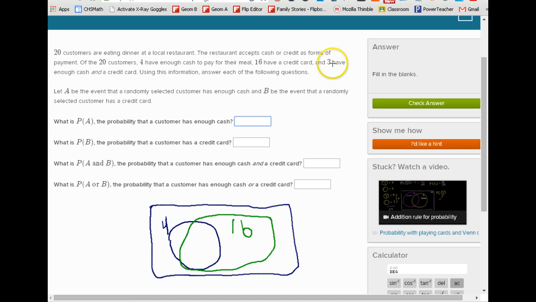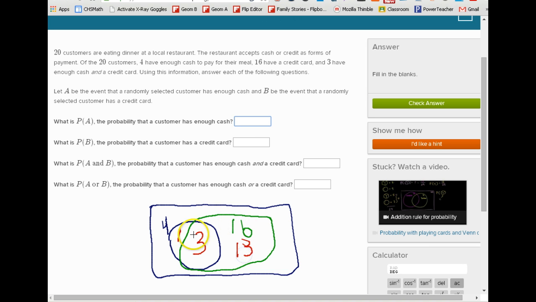Okay? And then it says of the 20, 4 have enough cash, 16 have a credit card, and 3 have enough cash and a credit card. So the 3 in here could do either because they have cash and they have the credit card, which tells me that I have one outside, one that has only cash, and I have 13 that have only credit cards.